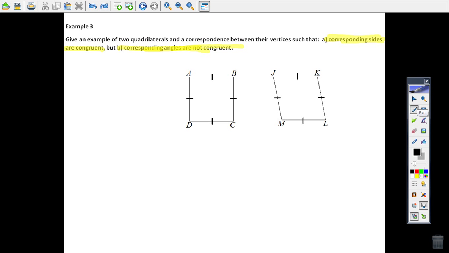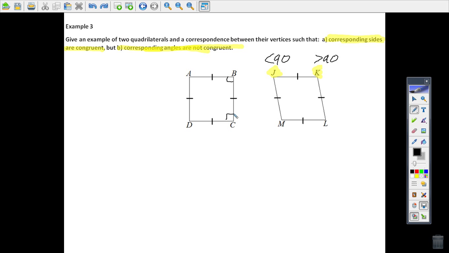If you look closely here, you'll see that angle J is acute. What is angle K? Obtuse. So these angles can't be the same. This one is greater than 90. The measure of J is less than 90. All of these appear to be 90. Not saying they are, but they definitely appear to be.